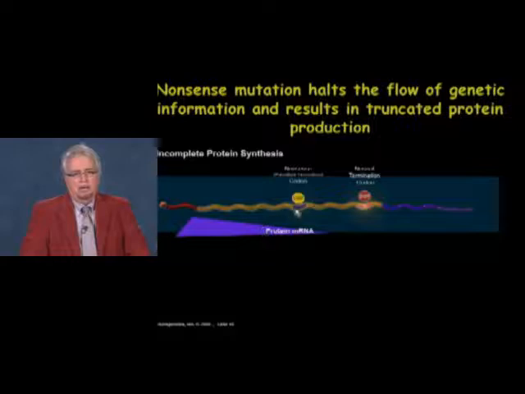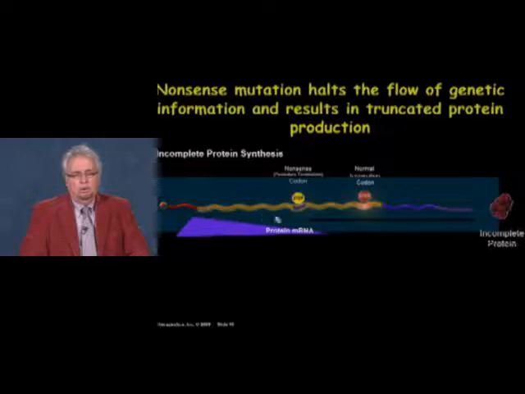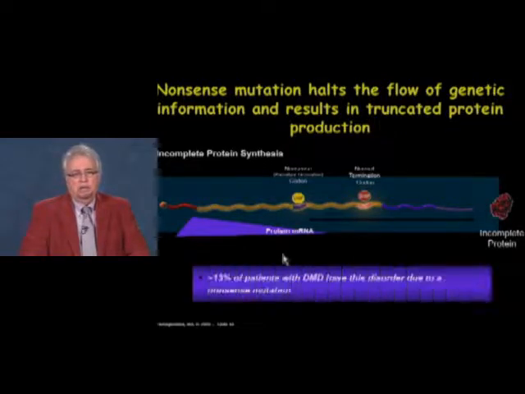If you have a stop mutation somewhere in the gene, the translation of the protein will go up to the stop codon and will not read anything beyond that, and you end up with a protein which is truncated, and therefore it's not functional.